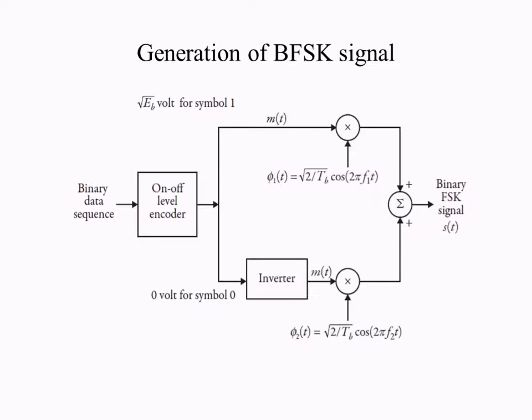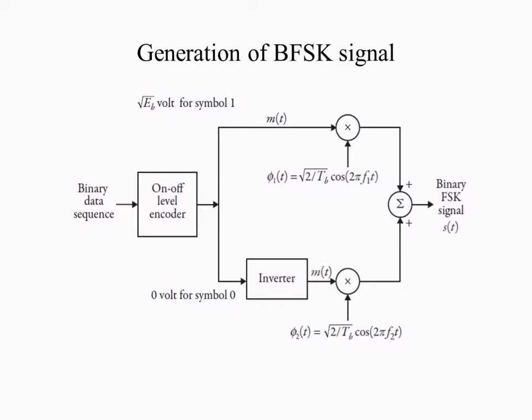So 1 will be converted to 0. That 0 will go to the product multiplier, where it will multiply with phi 2(t), so that will be equal to 0 and it will go to the summer. So we will get only the symbol 1 through the upper arm.